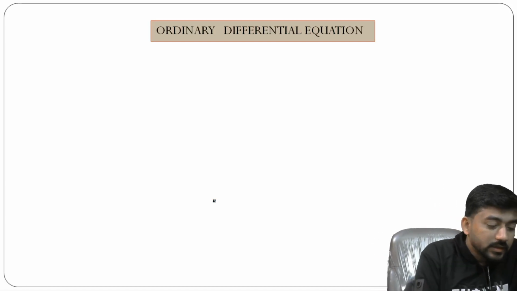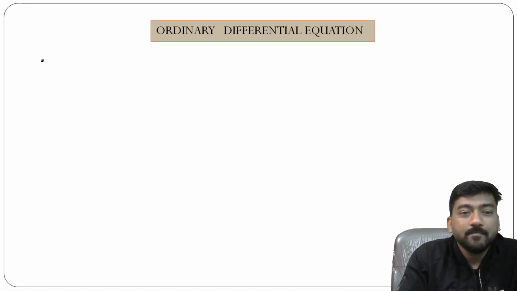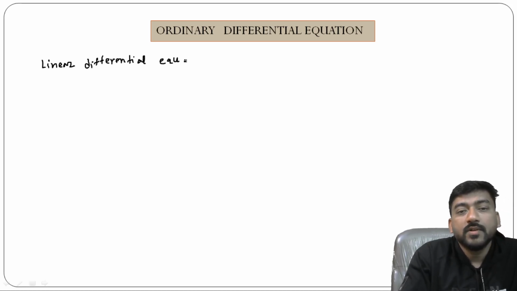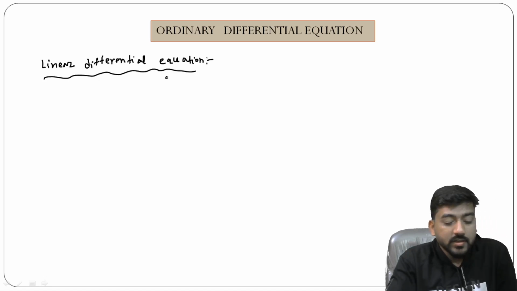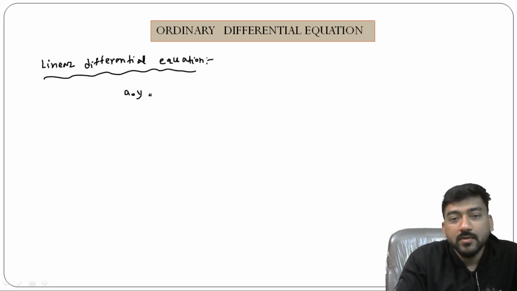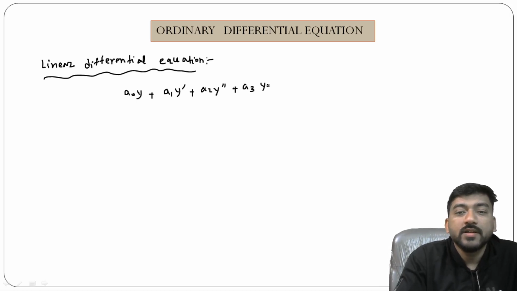So let me tell you the general form of a linear differential equation. Suppose a0 y plus a1 y dash plus a2 y double dash plus a3 y triple dash plus dot dot equal to 0.